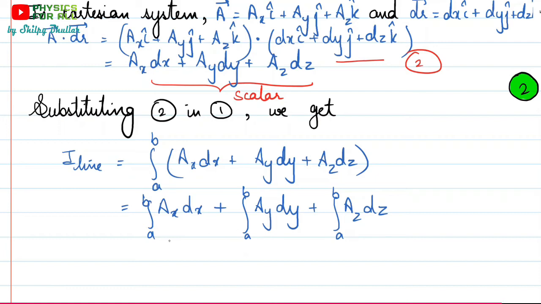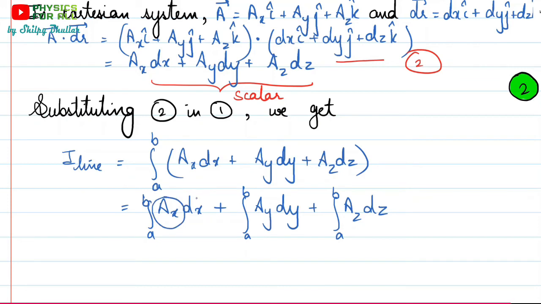All we have to take care about is the limit. The limit would be substituted in the end, but otherwise it would be the x component of the vector with the change in x coordinate. We will not say it is multiplication; it only means that we are going to integrate Ax with respect to x.